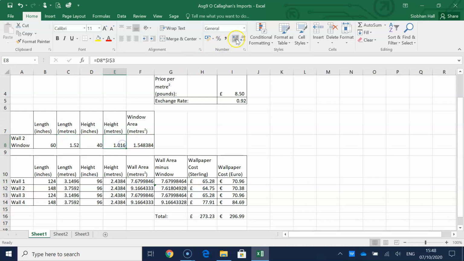Bring that down to 2. Do the same there. We'll do the same here. Length in meters can be brought down to 2 decimal places. Height in meters, 2 decimal places. Wall area in meters squared. Wall area minus window.